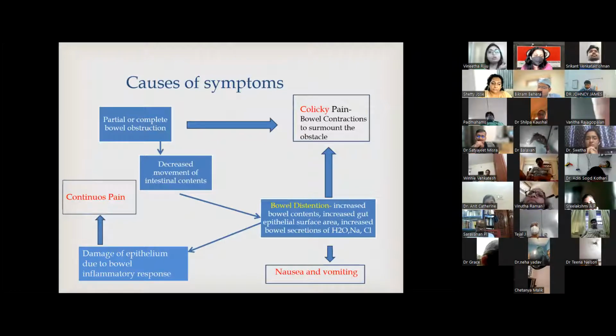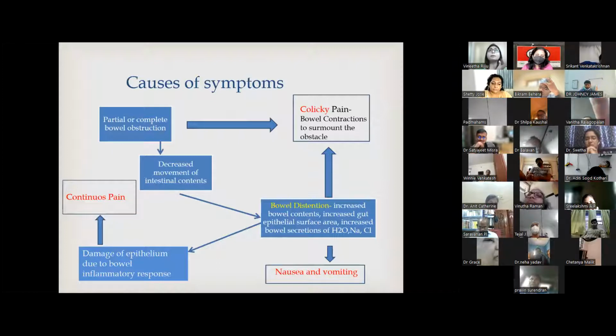So someone who could present to you with a partial or complete obstruction could have severe colicky pains, and colicky pain, the patient tells you, I have this severe pain coming in, and it goes off, but then again it comes very heavily.